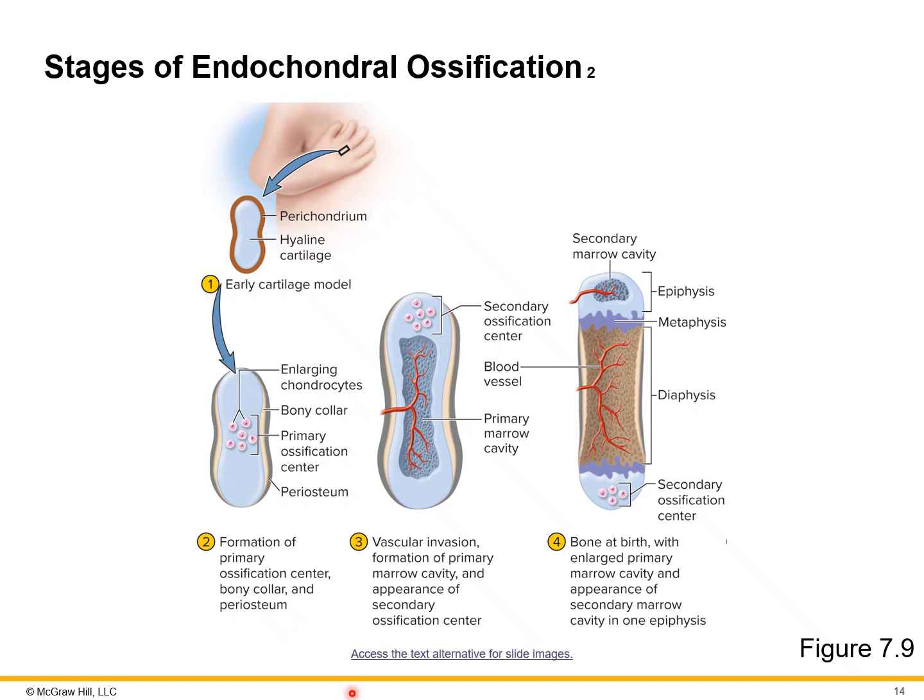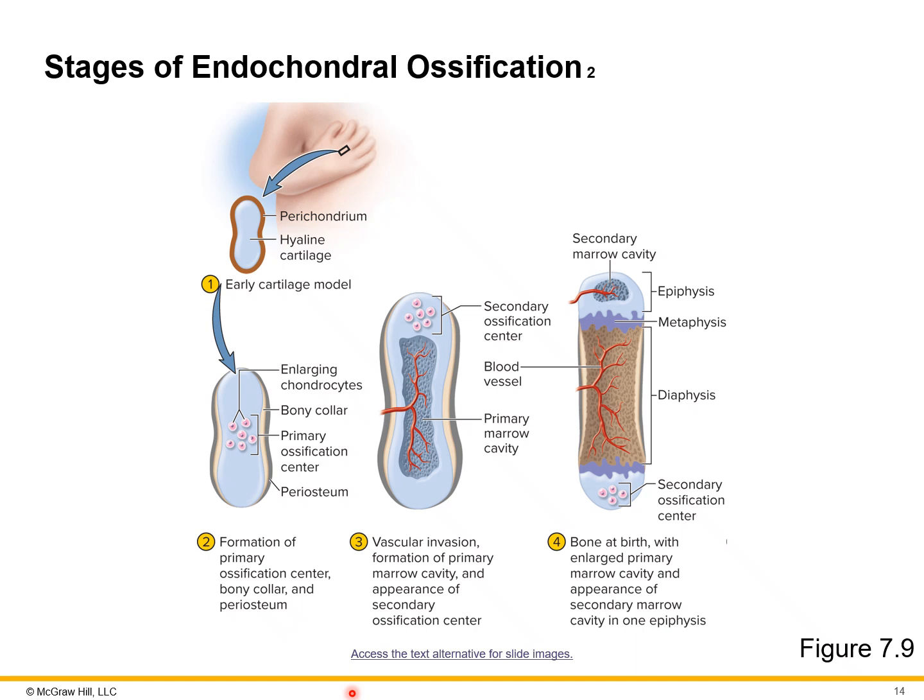And then osteoclasts in the marrow cavity follow this wave of dissolving cartilage remnants and enlarge the marrow cavity of the diaphysis. The region of transition from cartilage to bone at each end of the primary marrow cavity is called the metaphysis.